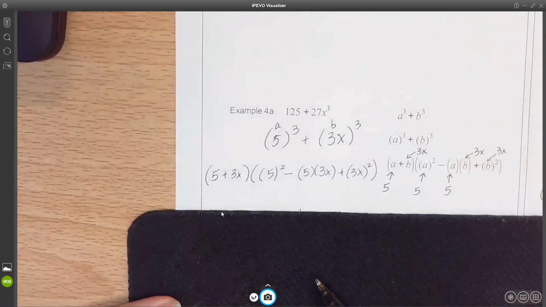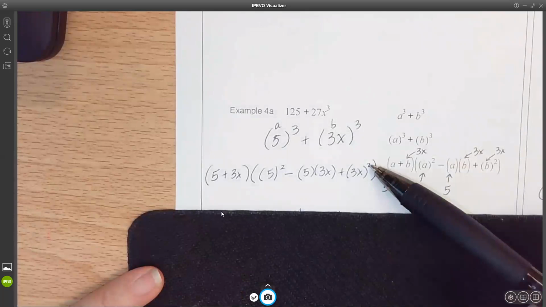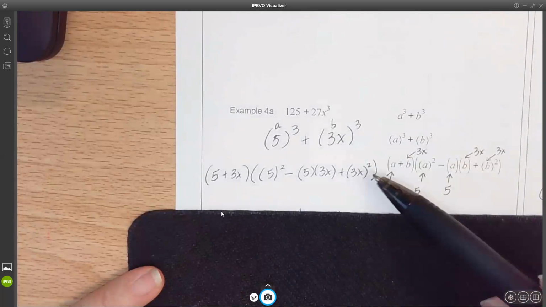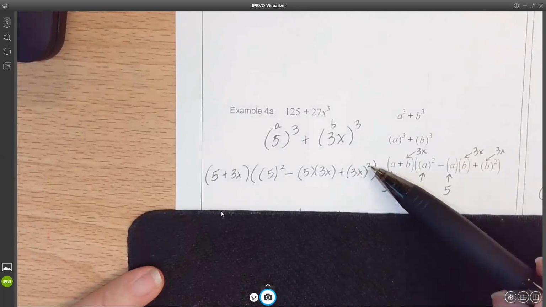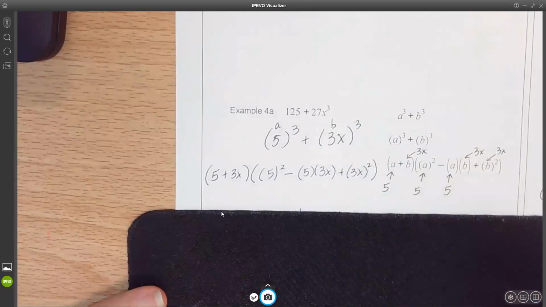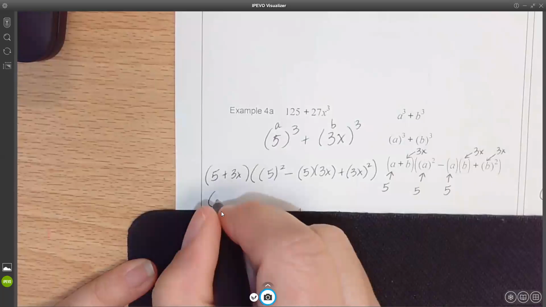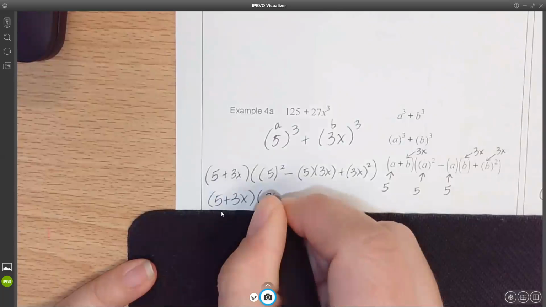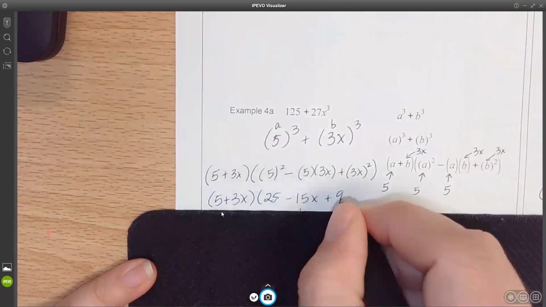The reason for that is when I square 3x, I want to make sure to square the 3 and the x, because (3x) squared is 9x squared. I just want to make sure I don't accidentally find myself with a 3x squared there. That's not the same. And I can rewrite this simplified as 5 plus 3x times 25 minus 15x plus 9x squared.